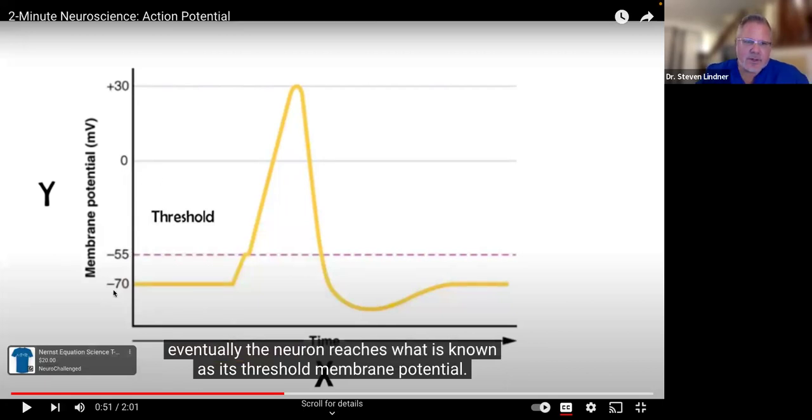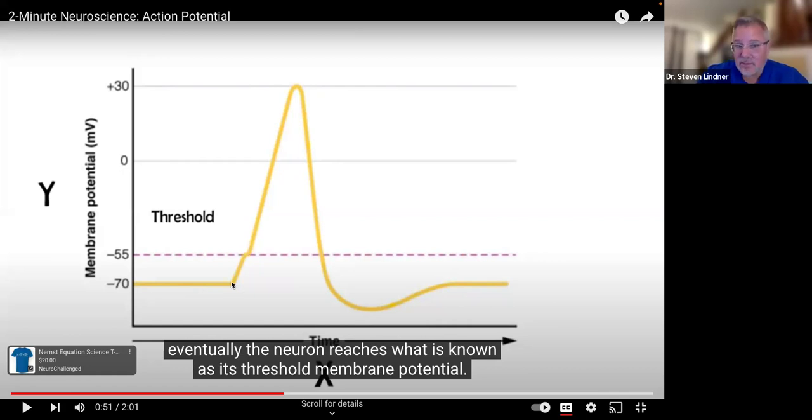Okay, I want you to notice the numbers that you have on the y-axis. These are very important. So minus 70, what we see right here, the straight line, that's RMP, resting membrane potential. Now, something had to have happened to make this become a little bit less negative.